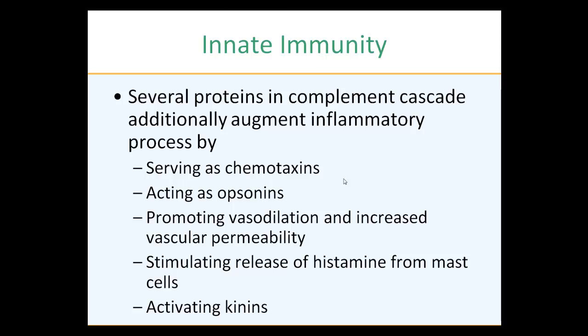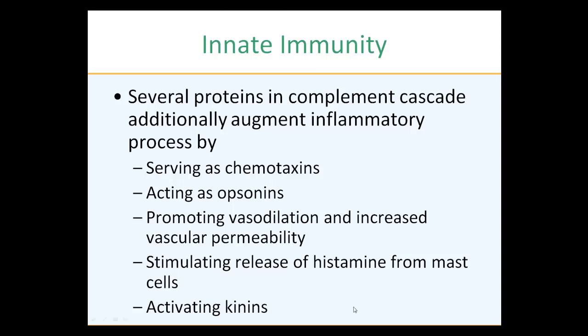The complement proteins that become activated are also capable of activating kinins. And if you remember what happens when you activate kinin, you end up, for example, with bradykinin, and the bradykinin is a vasodilator, but it's also a very potent pain stimulant for the nerve endings.